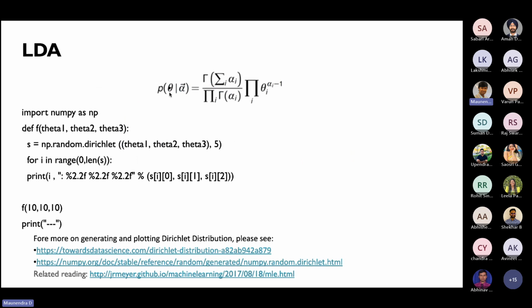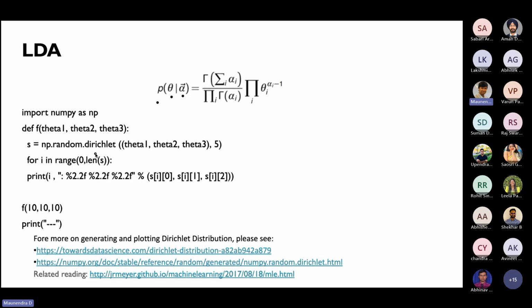Just this is the Dirichlet distribution. Given a hyperparameter, which is the parameter to the probability distribution, how do we come to this theta vector? This is actually given by this function, where we see the gamma function and so on. And I've given a sample Python code here.